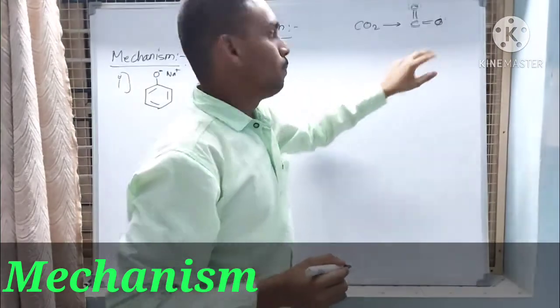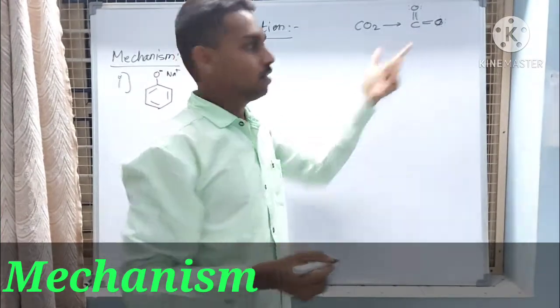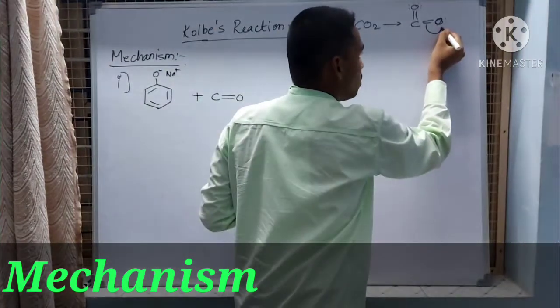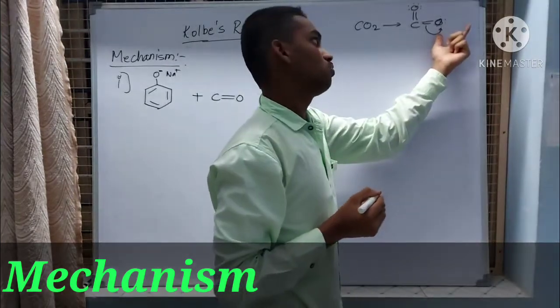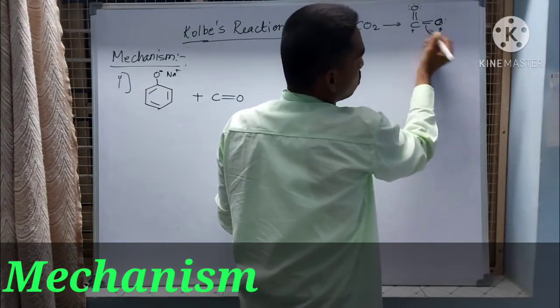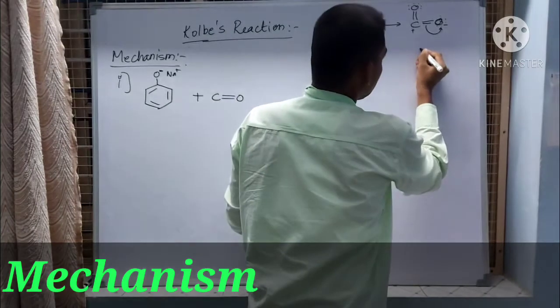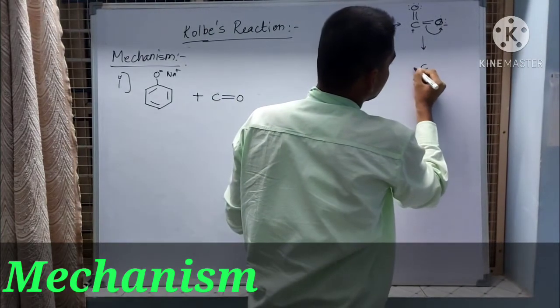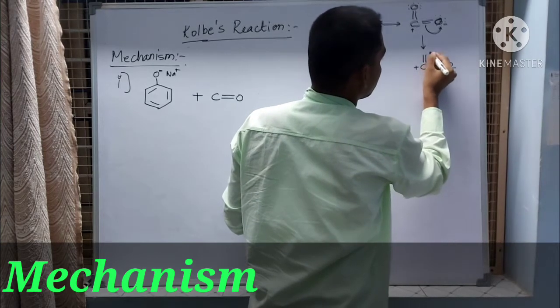Now, since oxygen is having more electronegativity than carbon, one of the bonds will shift towards oxygen, leading to the formation of positive charge on carbon and a negative charge on oxygen, basically leading to the formation of an electrophilic species.